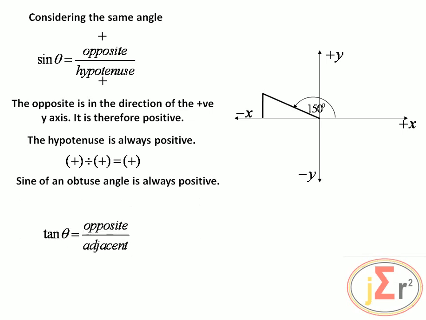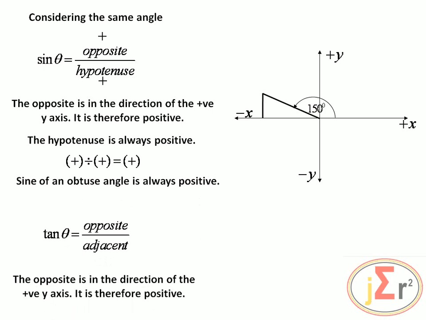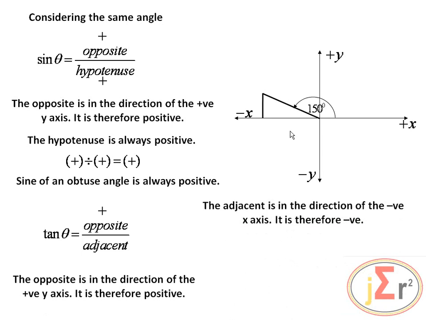Let us take a look at tangent. Opposite over adjacent. The opposite is in the direction of the positive y-axis. As long as it is going up, we know that it is in the direction of the positive y-axis. The opposite is positive. What about the adjacent? The adjacent is in the direction of the negative x-axis. It is therefore negative.